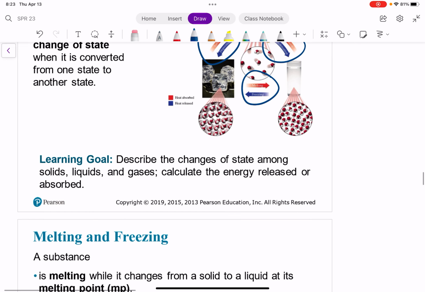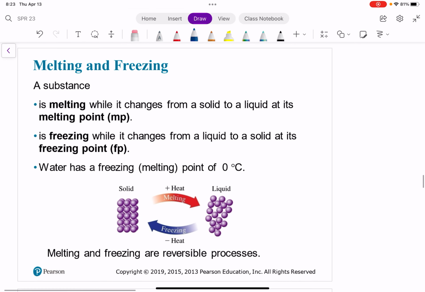Okay, all right, so melting and freezing. A substance is melting when it changes from solid to liquid at its melting point, and freezing when it changes from liquid to solid at its freezing point. Water has a freezing and melting point, kind of weird to think about, of 0 degrees Celsius.